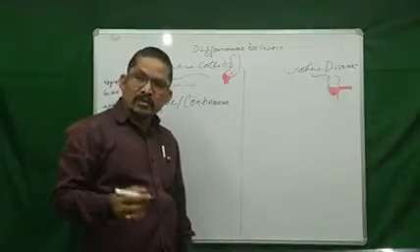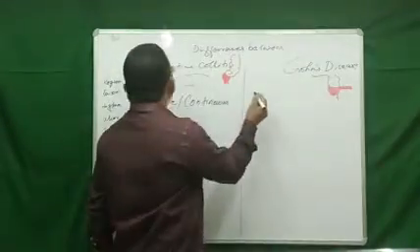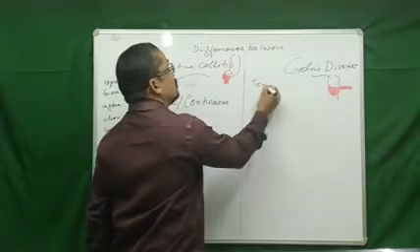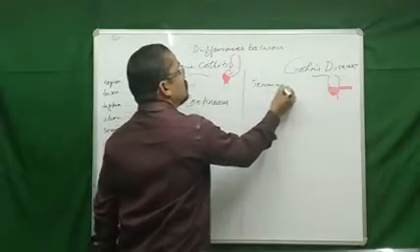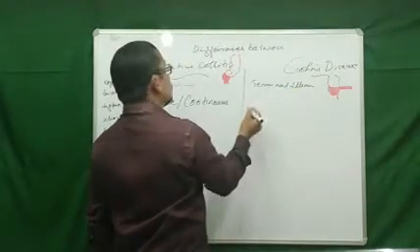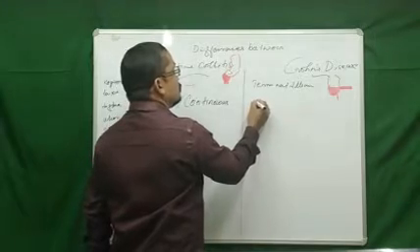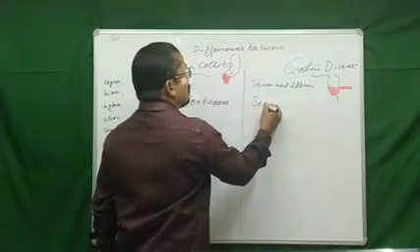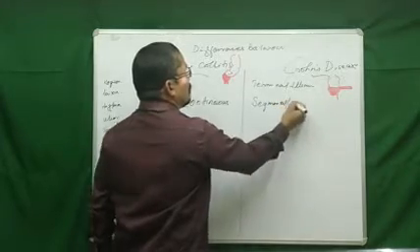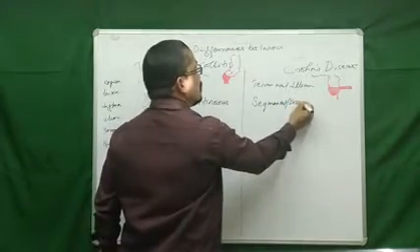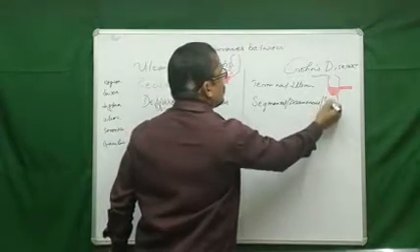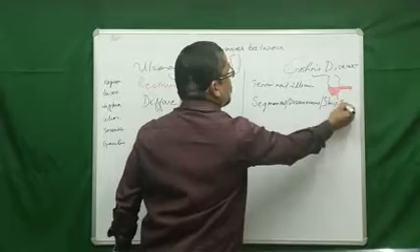But in Crohn's disease, it is segmental, discontinuous, or skip lesions.